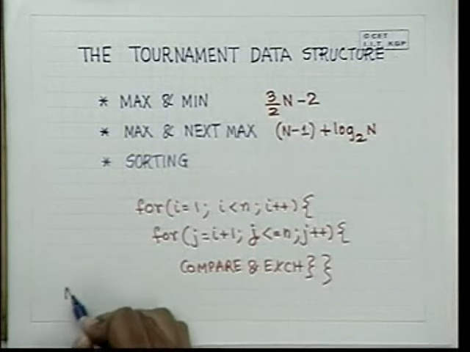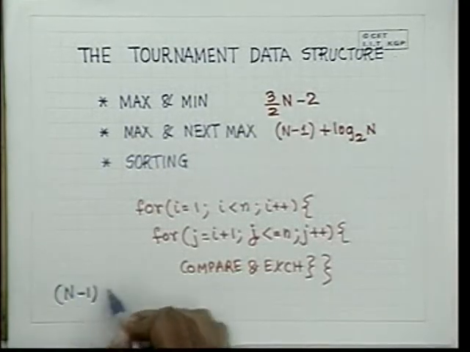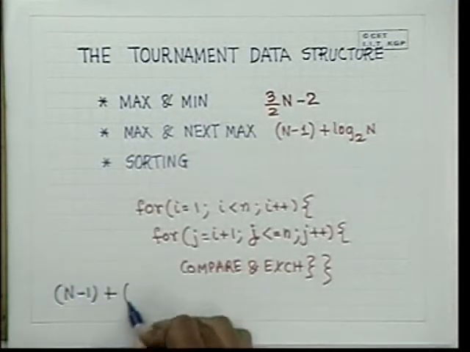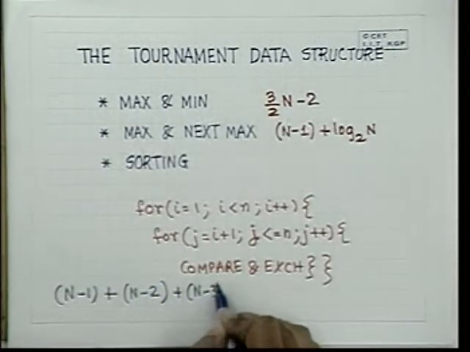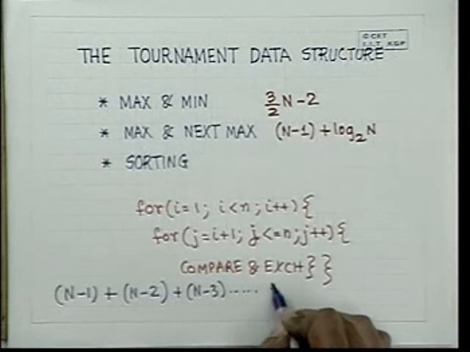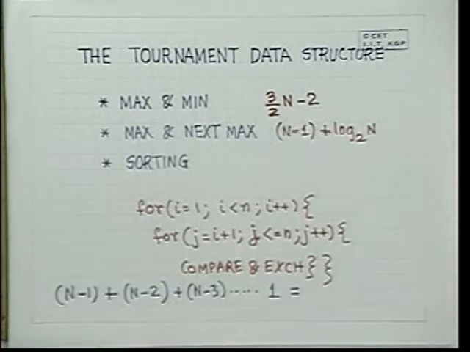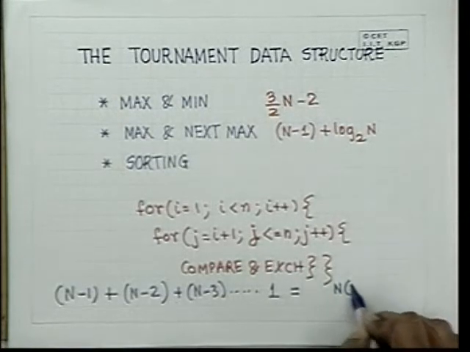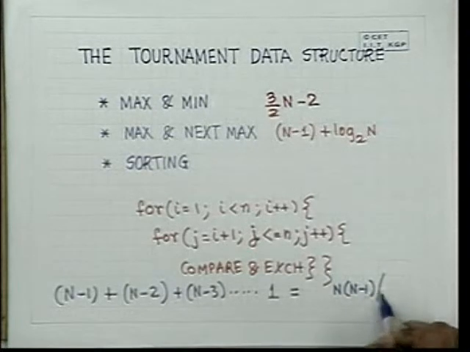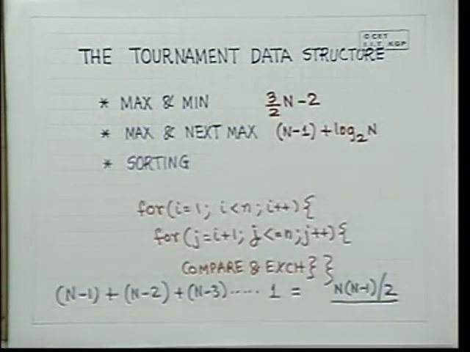So the total number of comparisons is n minus 1, when i is 2, n minus 2, and so on, which is n into n minus 1 by 2. So many comparisons we are going to do in all the traditional sorting examples that we have done.